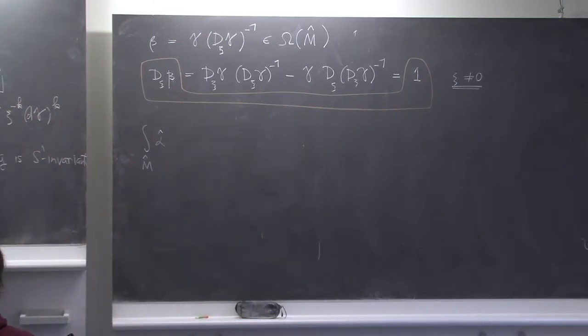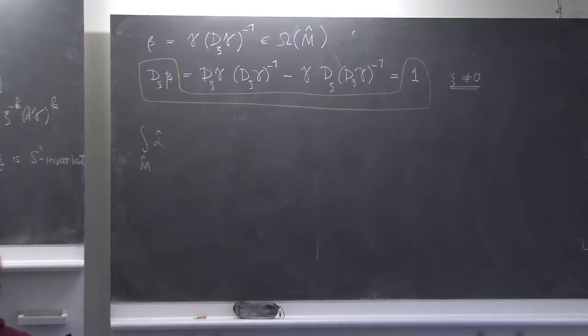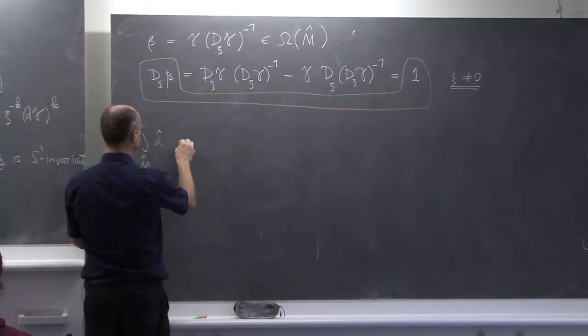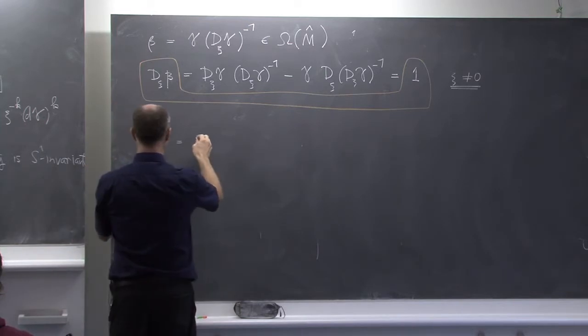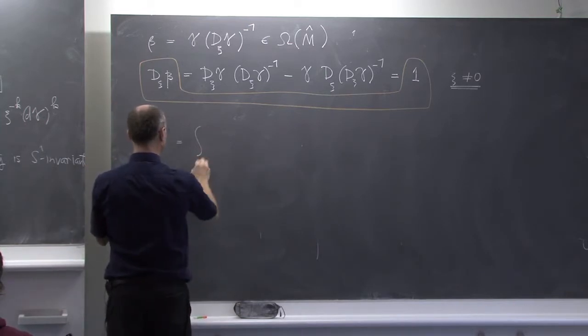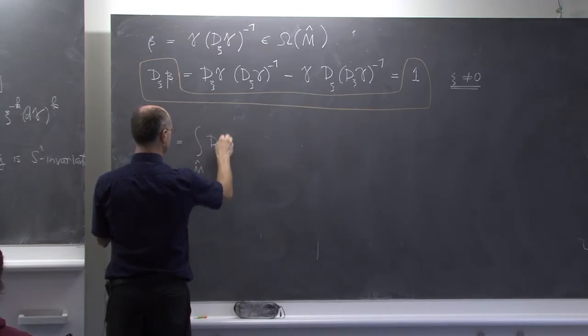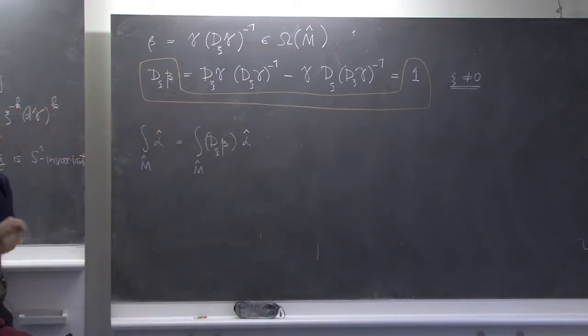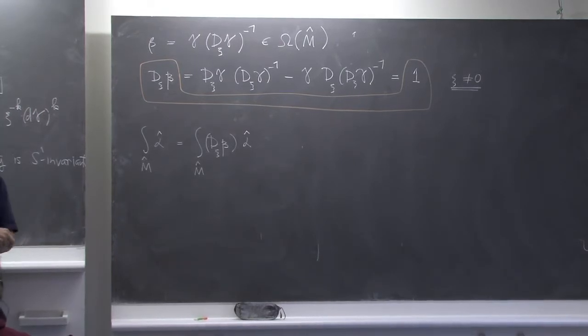return to our integral. So we would like to compute the integral of m hat of alpha hat, and we rewrite it as an integral of d psi beta alpha hat.